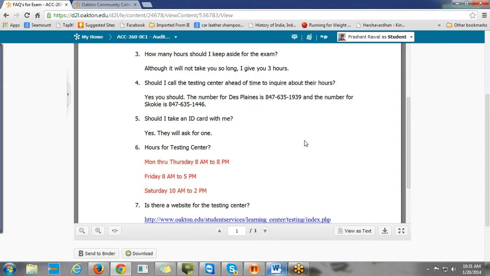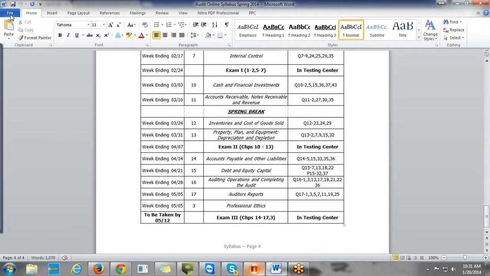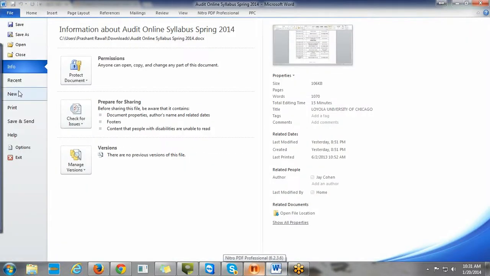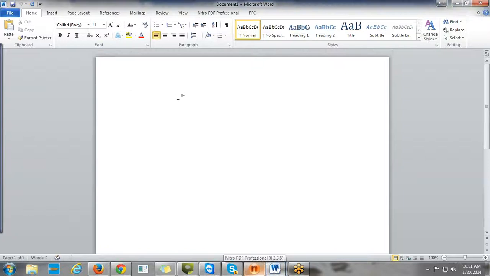So out of 55, let's say if you got 45 right, your grade is going to be 45 times 2, which is 90. Okay, so let me pull up a new sheet right here so I can explain to you better. 55 questions.